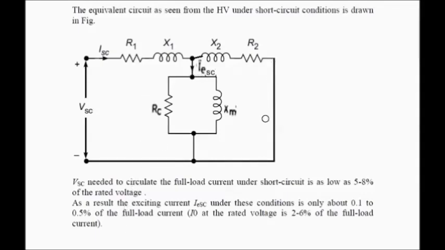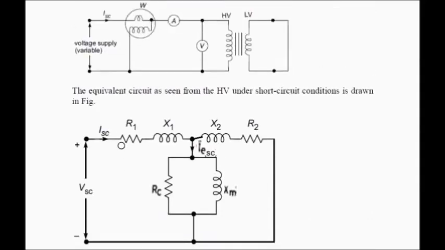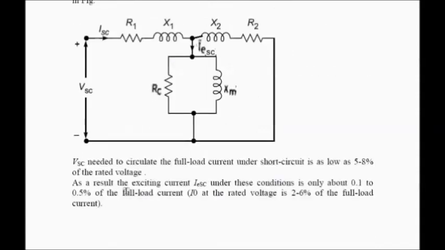But when I short circuit the secondary side, this IE will be IESC, and this is around 0.1 to 0.5% of ISC, and this ISC is the short circuit current, which is actually the rated full load current of the secondary side of the high voltage side.